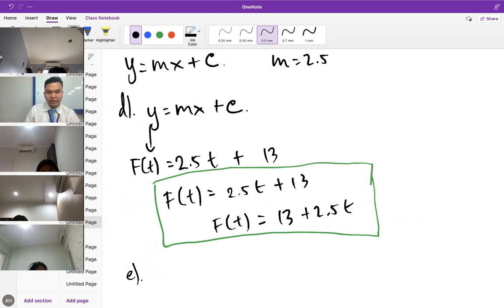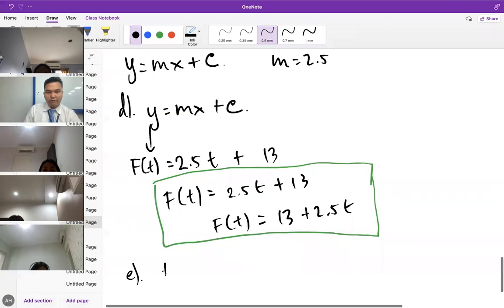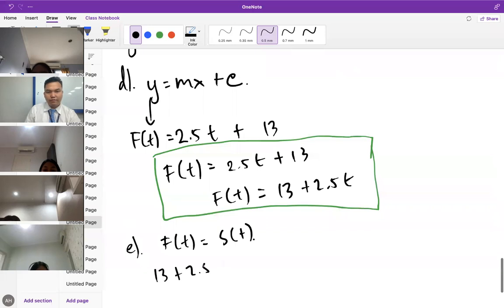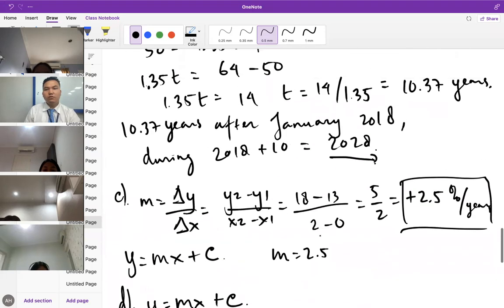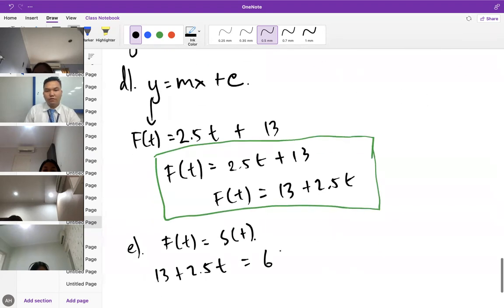Okay, now the last one. Find the year when Foodtalker will sell more than Sneakies. ft is equal to st. So 13 plus 2.5t is equal to 64 minus 1.35t.